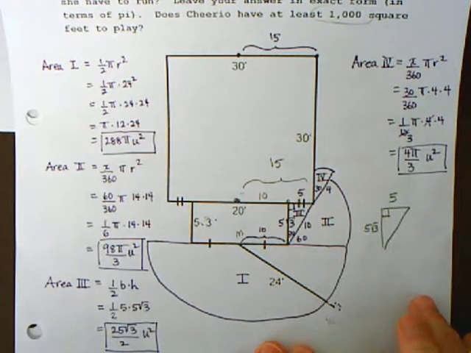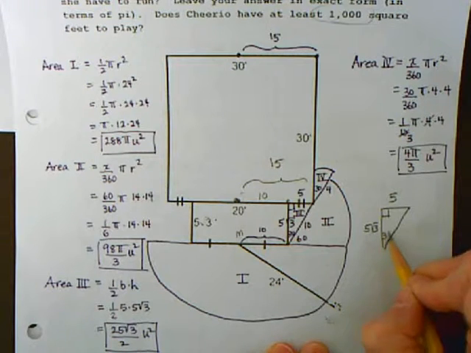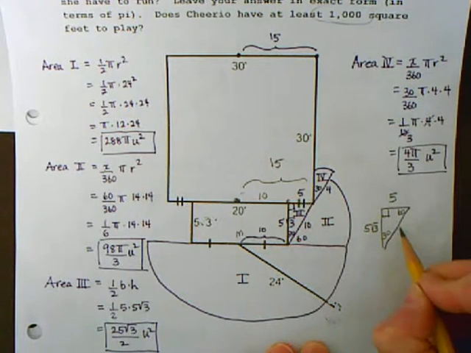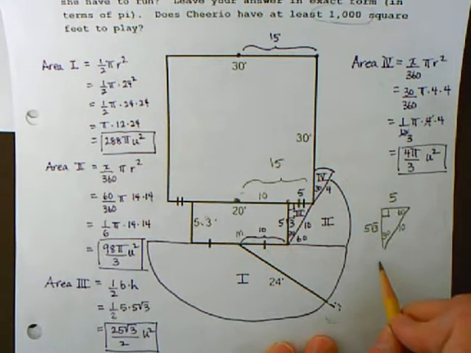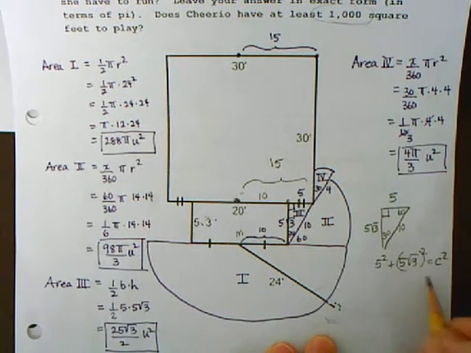If you recognize this is a 30, 60, 90 triangle, you can get that this side is 10. Okay? If you can't, you're going to have to do it the long way. 5 squared plus 5 radical 3 squared equals c squared. And when the smoke clears, you're going to get that c is 10. Then maybe you'll say, oh yeah, this is a 30, 60, 90 triangle, and the sides are in proportion of 1, radical 3, 2.